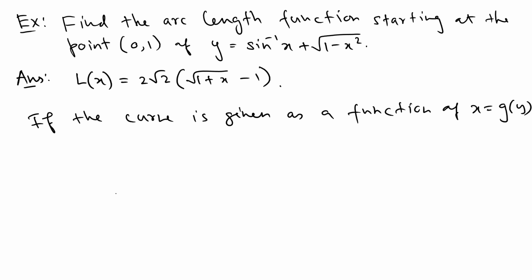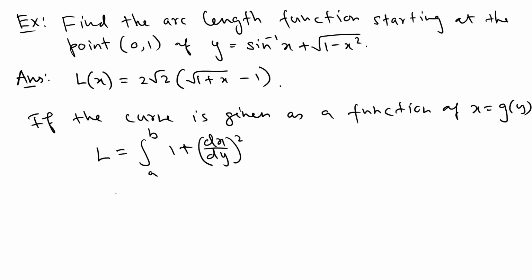If this is the case, we simply switch the order. We can write the length of the curve using the same letters, but instead of dy over dx, now we do dx over dy. That's the only change.